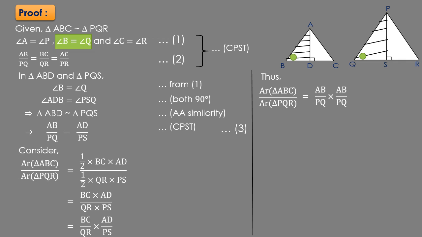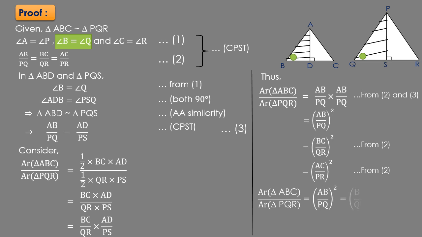So that can be written as AB upon PQ multiplied by AB upon PQ, which is nothing but square of AB upon PQ. But we know that AB upon PQ is also equal to BC upon QR from equation number 2, and BC upon QR is also equal to AC upon PR.